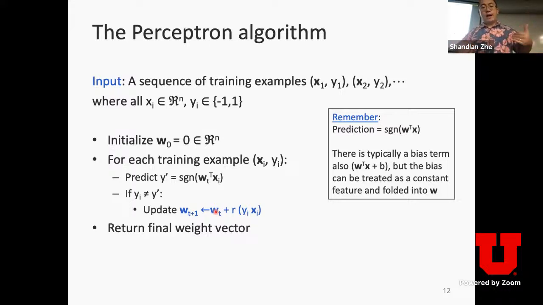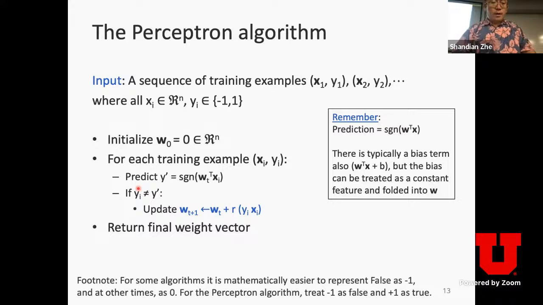Then my dot product between W and X is implicitly doing the dot product between the original weight vector and the feature vector plus the bias parameter. This is the notation trick we have discussed previously.